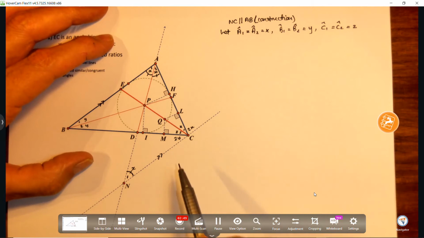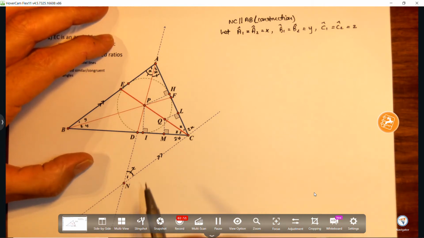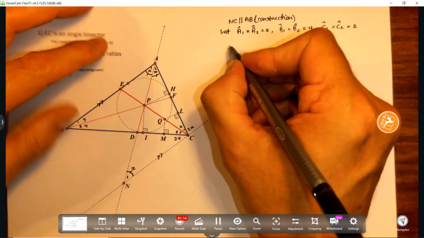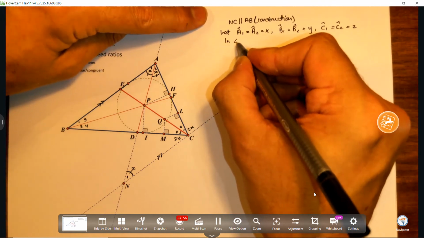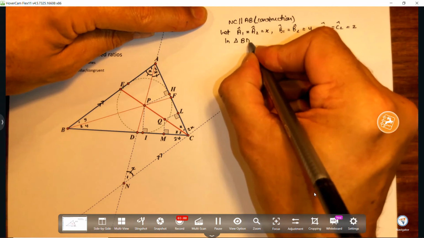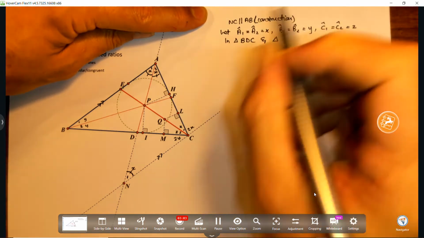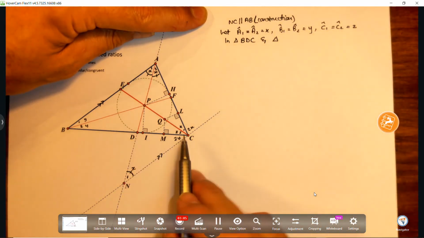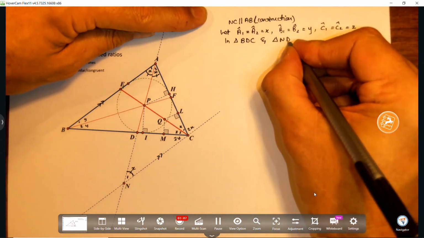Okay, so if I now look at triangle BDC and triangle NDC, we'll sort the order out just now.